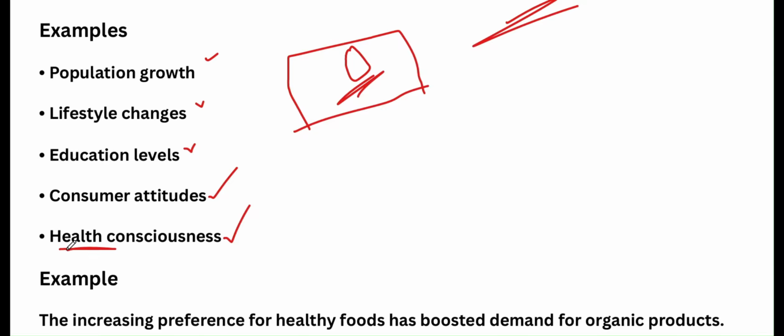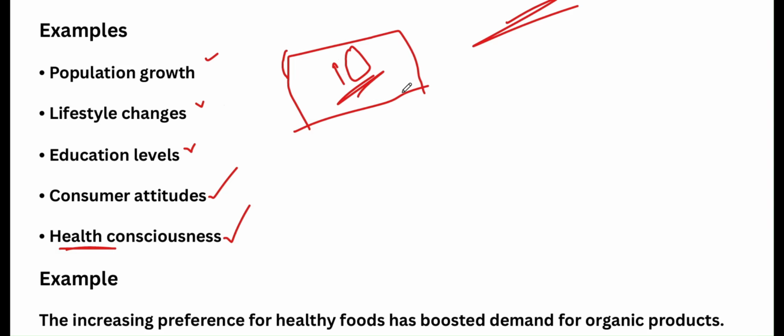Right now we know that people are becoming very much health conscious, and people are moving towards healthier options, right? Lifestyle changes, like for example, earlier people used to wear traditional clothes, but right now people are going for modern clothes, right? So obviously if it is a textile industry and organization, they have to bring out more varieties in modern clothes and increase the production in modern clothes.